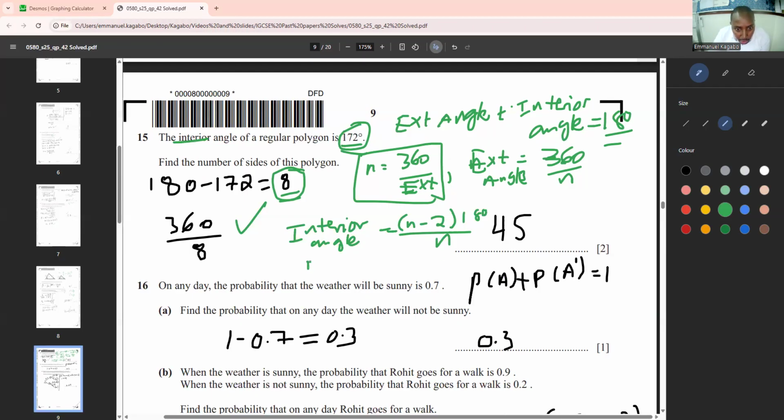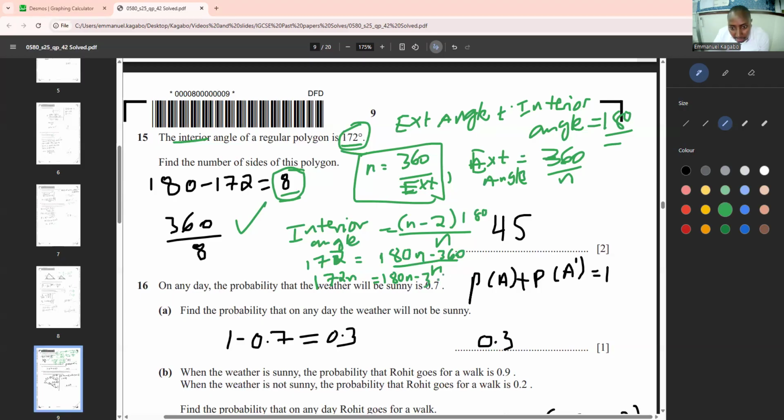It is 172, so 172 equals the number of sides minus 2, times 180, that is, opening the bracket, 180n minus 360, divided by n. Can I cross multiply? I'll get 172n equals 180n minus 360.